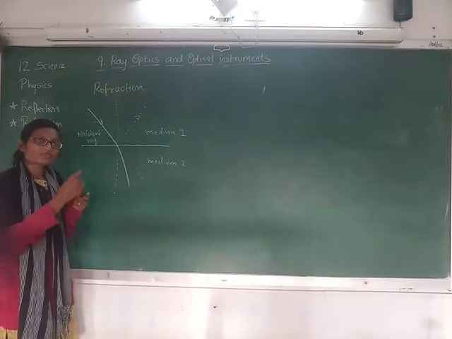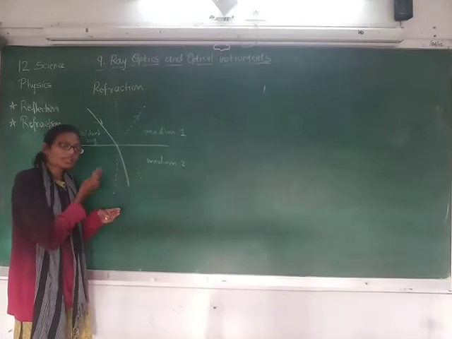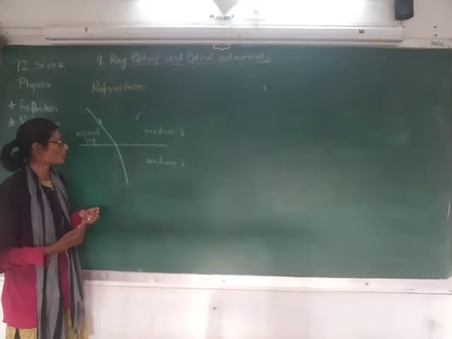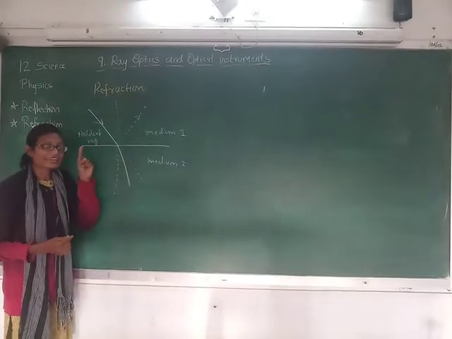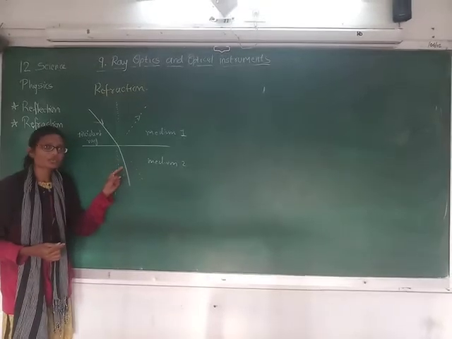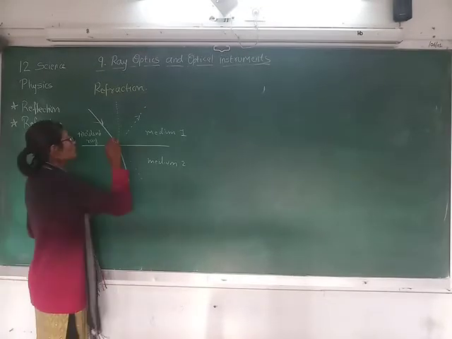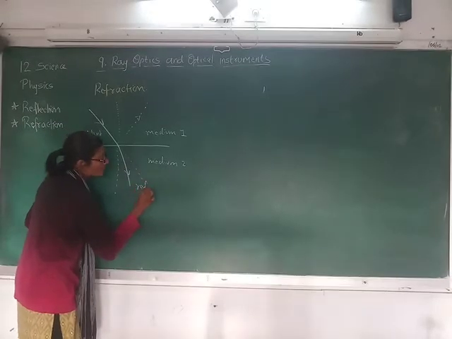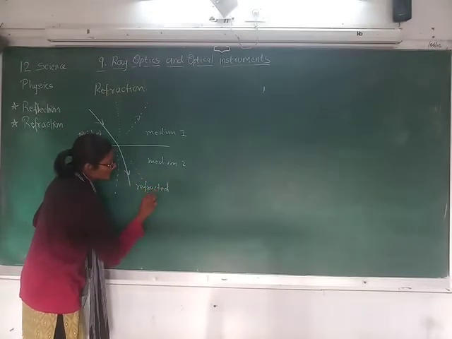In what case it will be bending towards the normal, in what case away from the normal, that we will see later on. But when the ray enters from one medium to another medium, it gets bent towards the normal, right? So this ray is called the refracted ray.